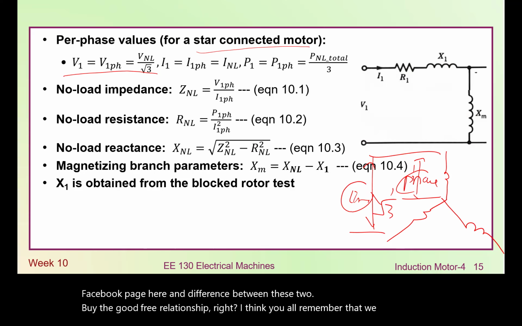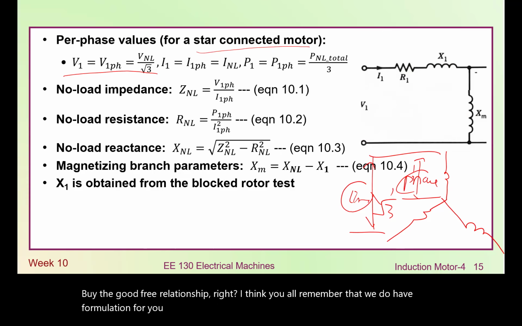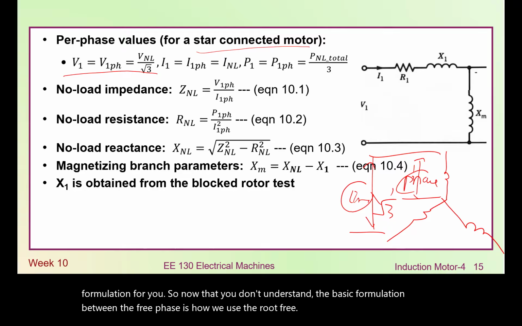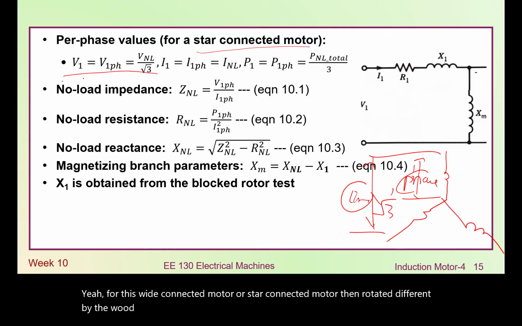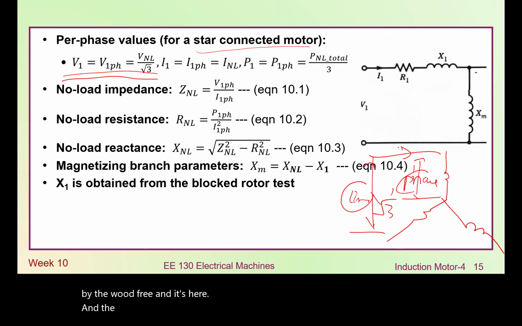We do have the formulation for you. So now that you understand the basic formulation of the three phase, with how we use the √3. For this Y-connected motor or star-connected motor, the voltage is different by √3. And the current, this current I1, is also the same as the phase current, because they are star-connected.